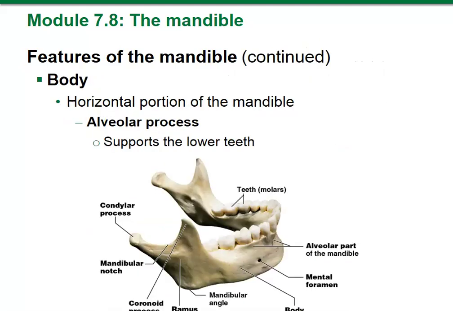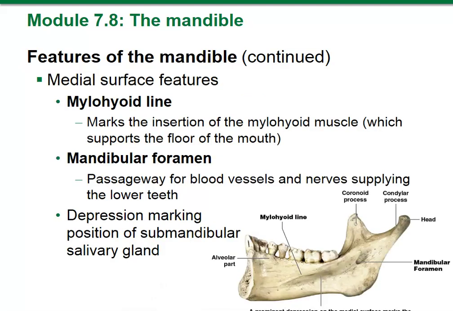Okay, the body, this is the horizontal portion of the mandible. So you have this area here. This contains the alveolar process that supports the lower teeth. Some of the other features that you'll see, which I don't require you to memorize, include a line here called the mylohyoid line.